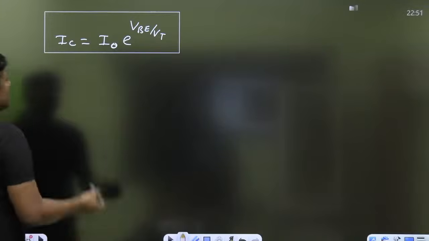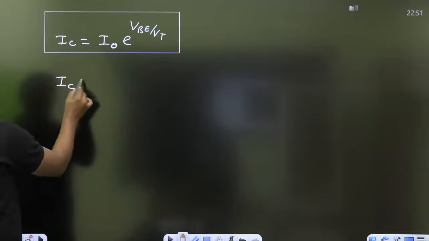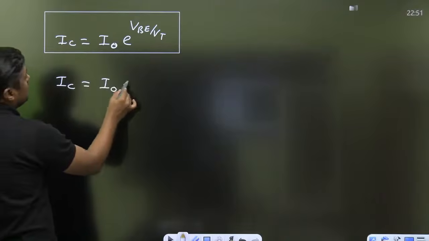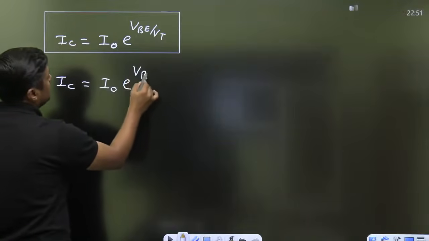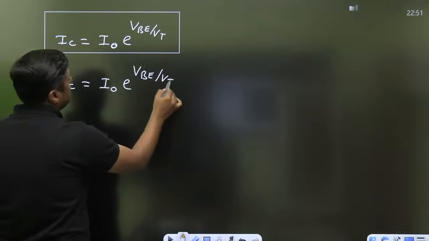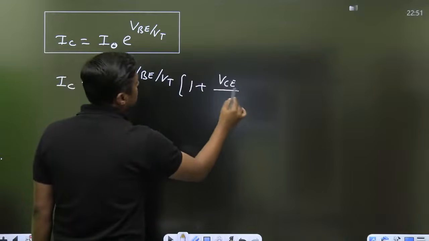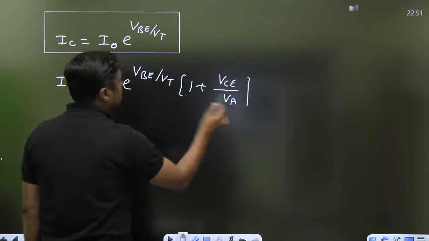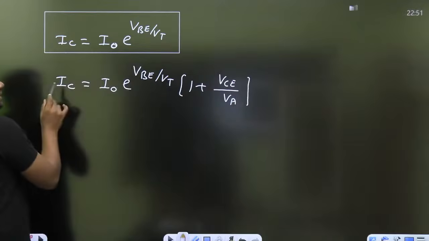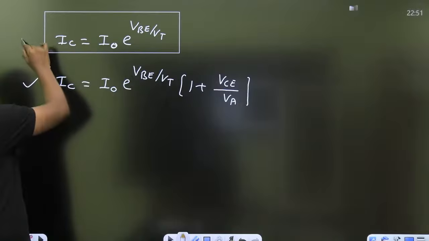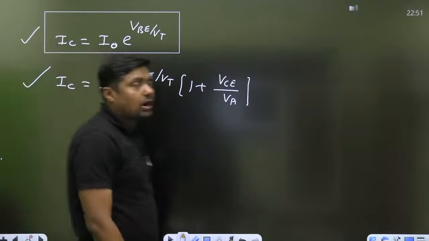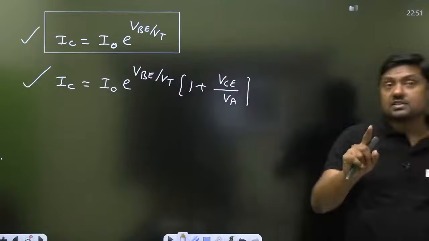But when we are considering the early effect, it will become IC is equal to I naught e raised to power VBE upon VT into 1 plus VCE upon VA. That is, we have to multiply it. This is with considering the early effect, and that is without early effect. These two are the important formulas in electronic devices and circuits.